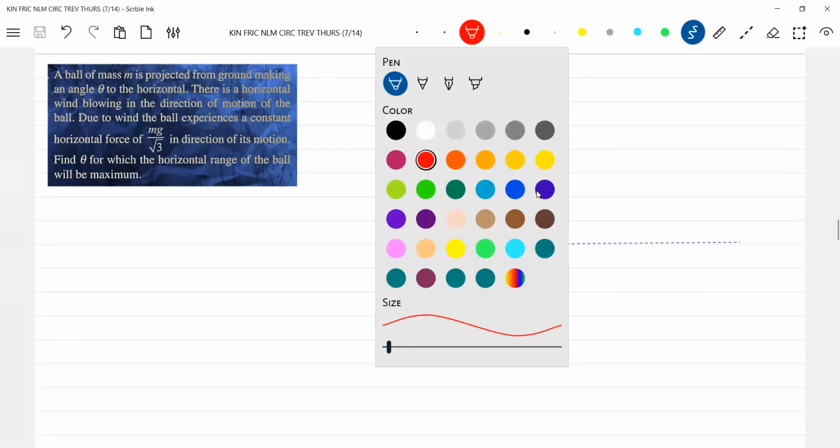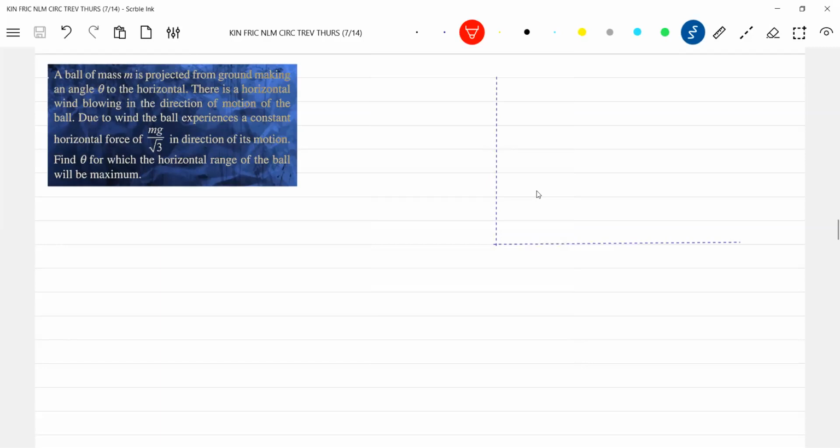So I'm going to throw a ball. There's an acceleration, no?